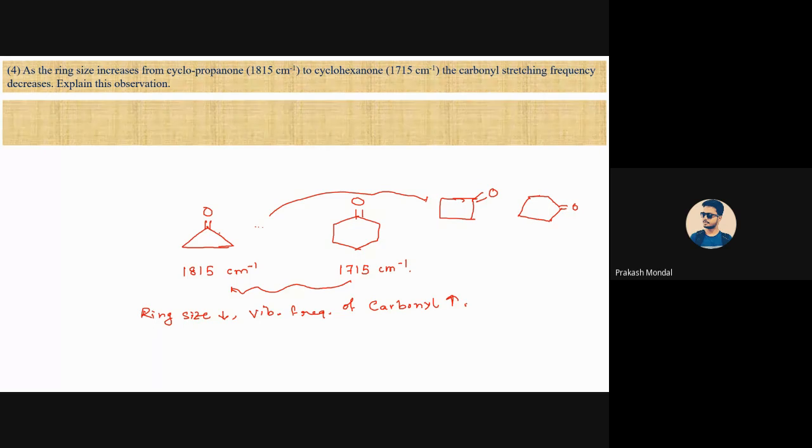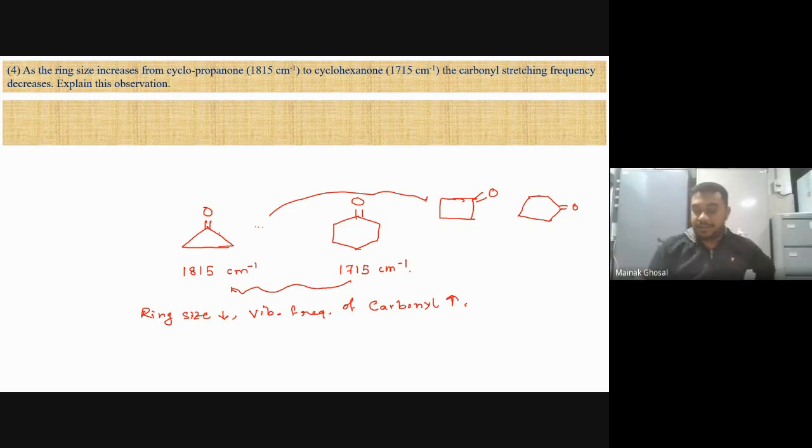Is this correct? As we move from cyclopropanone to cyclohexanone, the bond angle inside the ring is increasing. Bond angle outside the ring in cyclopropanone is highest, that means percentage s character is highest. Bond angle outside the ring doesn't have any meaning; the bond angle is this one.